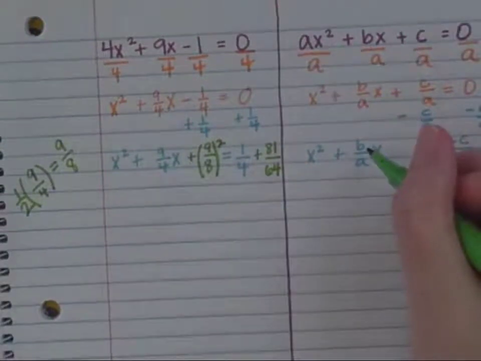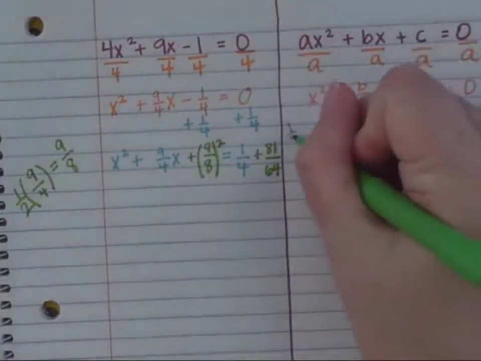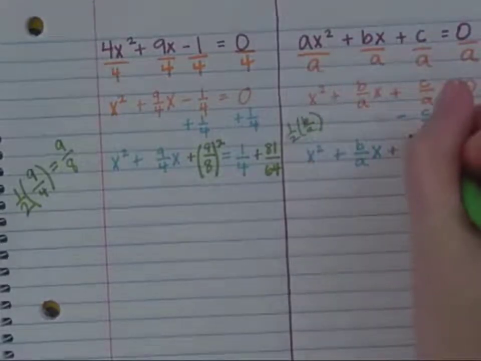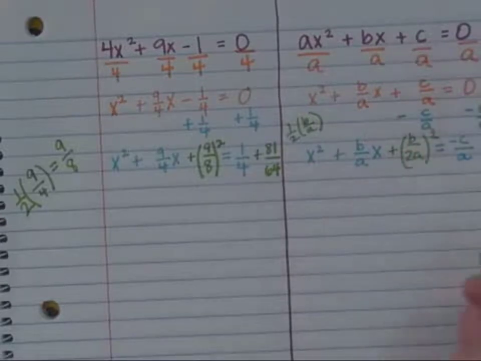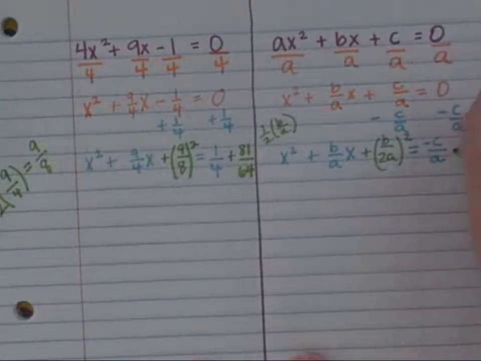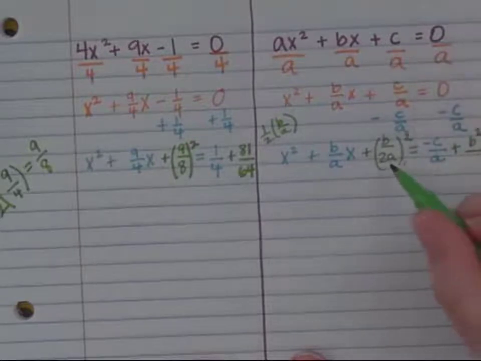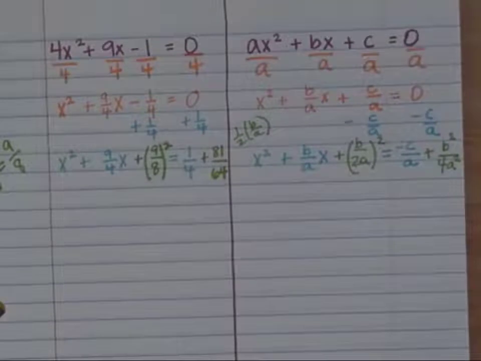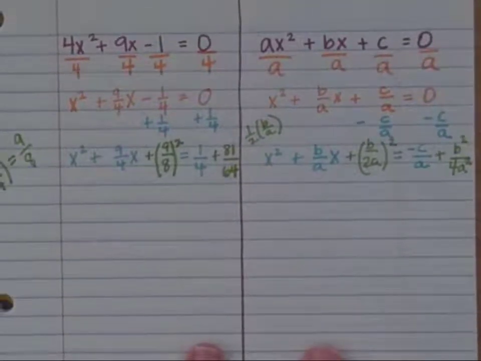So b over a, well, 1/2 times b over a is b over 2a, and this would have to be squared. In that case, it's b squared over 2 squared is 4, a squared. Take a moment, rewind, watch that part again if you're not sure where those values came from.